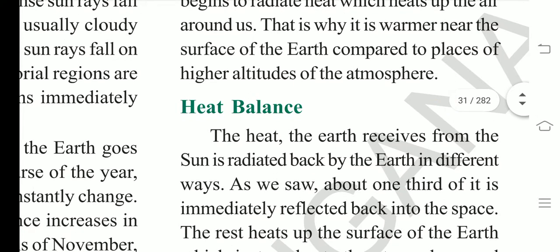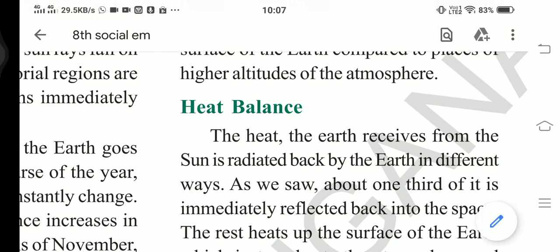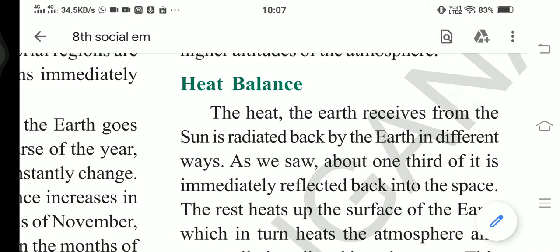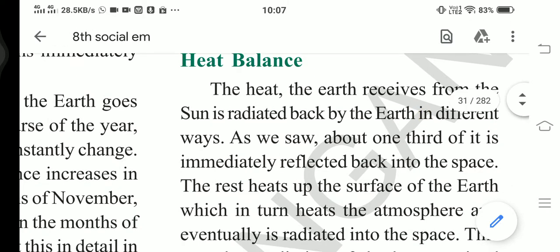The next, heat balance. What is heat balance? We will see. The heat the Earth receives from the sun is radiated back by the Earth in different ways.